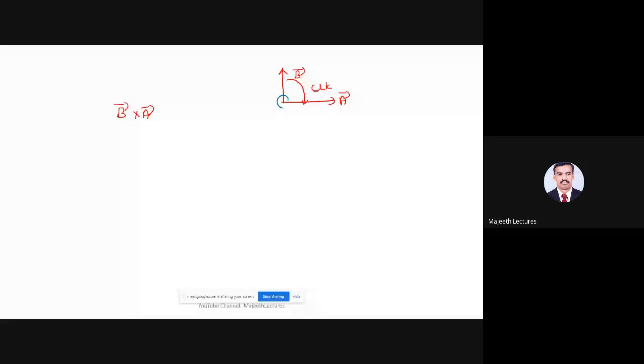Hope you are studying all the things in mathematics. C is going inside, right? So coming out is represented by dot. Going in will be represented by the cross.